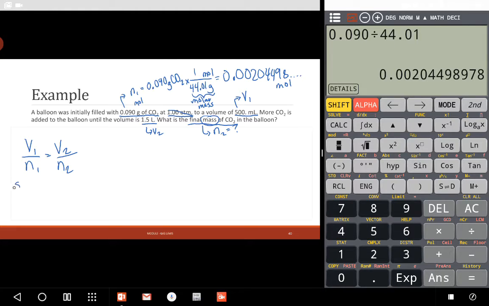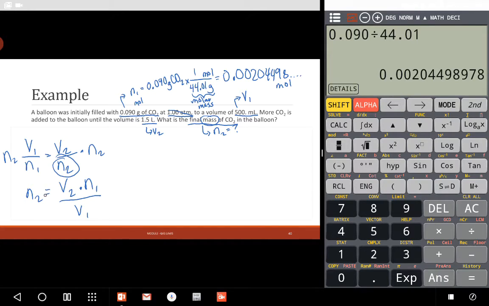So my initial volume was 500 milliliters. I'm solving for n2. Let me isolate n2 over here. n2 will not give me my final mass directly, but it's the variable that's most directly connected to that.